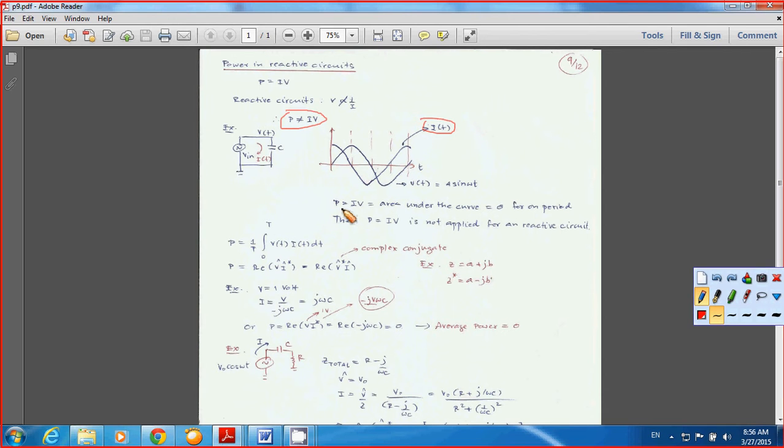When you're talking about P equal to IV, it's simply take a look at the plot of V here. It just calculates the area under the curve, and for the AC signal, especially the sinusoidal signal, you can find the area under the curve for one period.